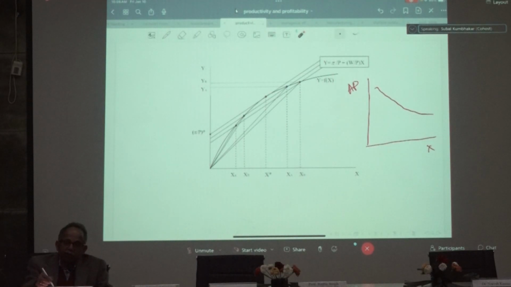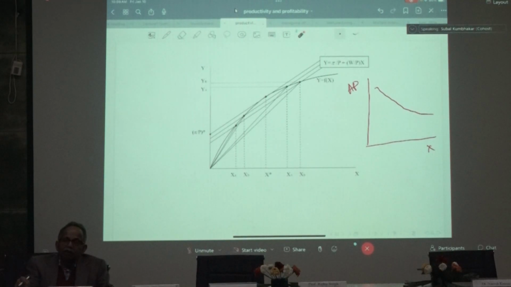So looking at the vertical distance, which is the intercept, it is measuring profit normalized by output price. This graph looks kind of jumbled up with different things, but it shows basically two things: what is happening to average product or productivity, and what is happening to profit.